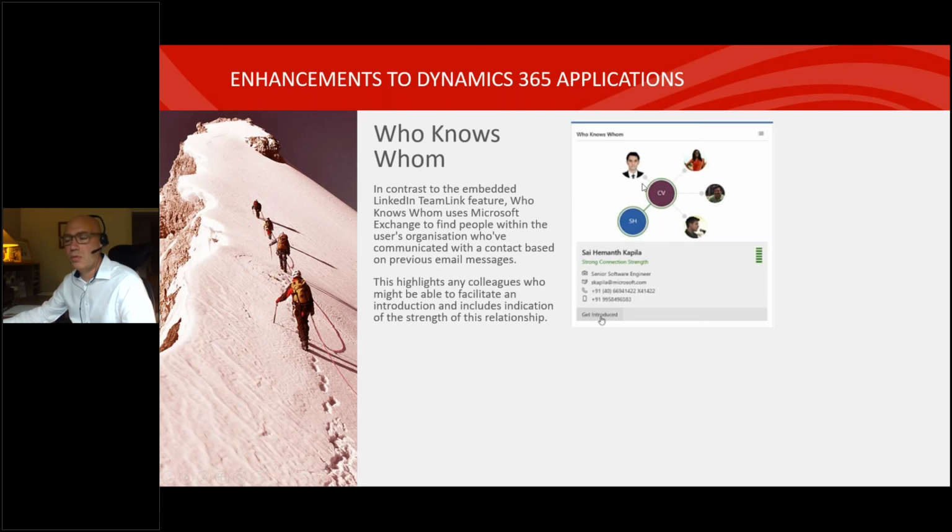And more and more we're seeing, through all of the Microsoft apps, how Microsoft's graphing technologies are scanning all of our data and constantly trying to find things to help us do our job. This is one such great example, and you'll see it all the time.